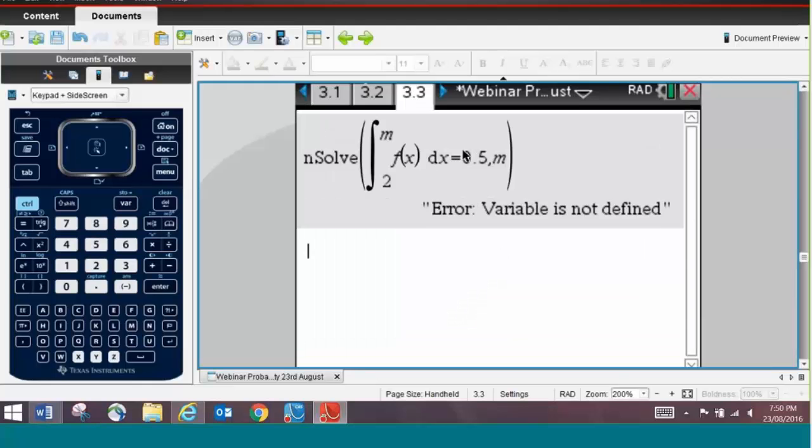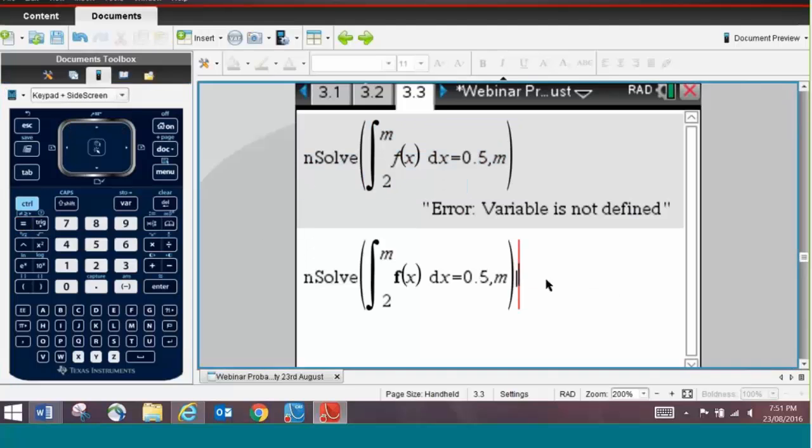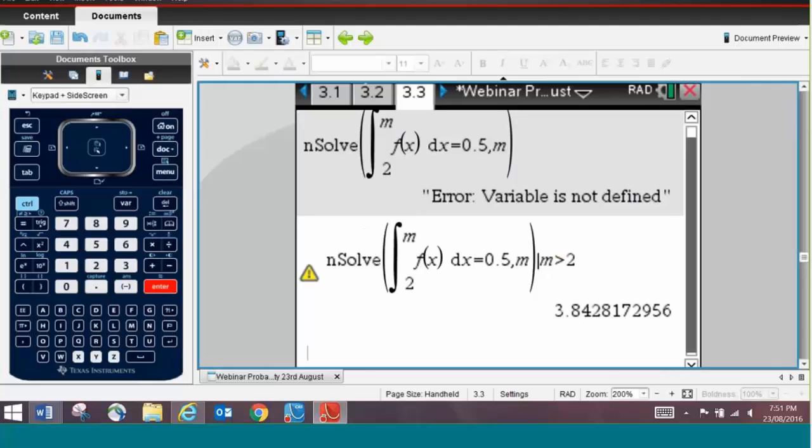If I do this now, I'm going to get an error. The reason is that it doesn't know whether to go forwards or backwards from 2 to try and solve that. Of course, if it goes backwards from 2, it's not going to get anything. So it's in a bit of a dilemma. We help the calculator out by saying we only want values where m is greater than 2. And there it is, and it's very happy.